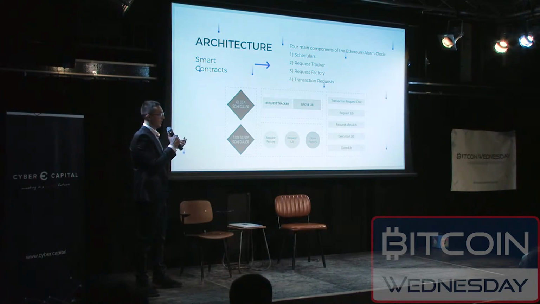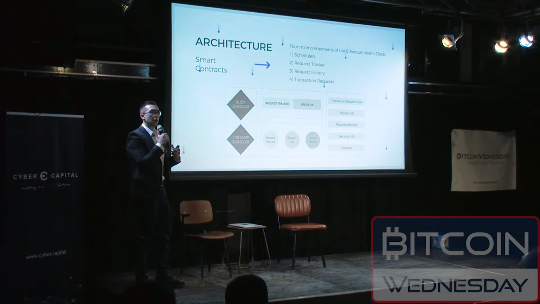And we are actually taking this out, but we had a request tracker which kept track of all these transactions. We're moving now to using event logs instead, so we don't need to keep all of that state. And then we have the transaction request, which is each scheduled transaction is actually its own smart contract on the blockchain.